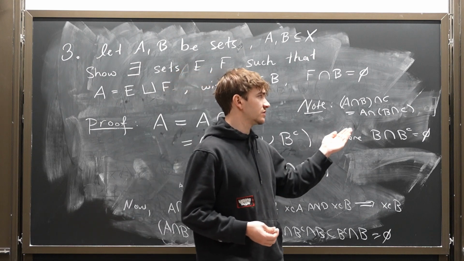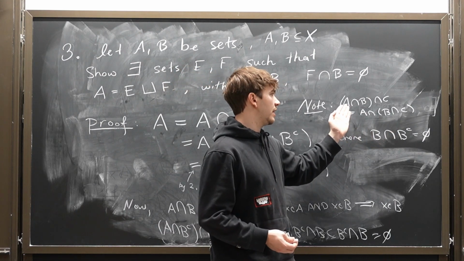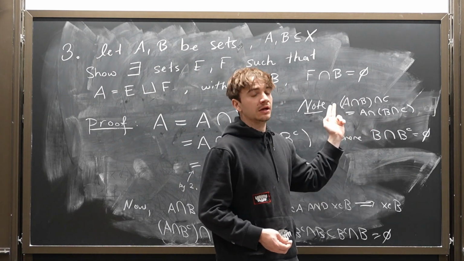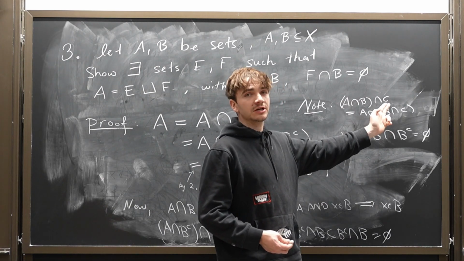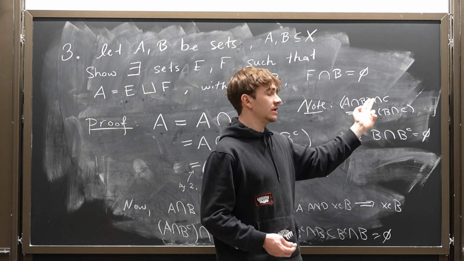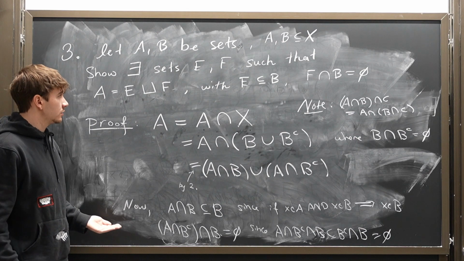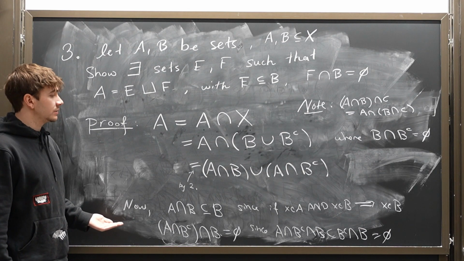And that's just because of the symmetry of the definition, right? If any element belongs to this set, well, then it must belong to all three. If X belongs to this intersection, then X must belong to A, B, and C. Okay, so that concludes our proof.